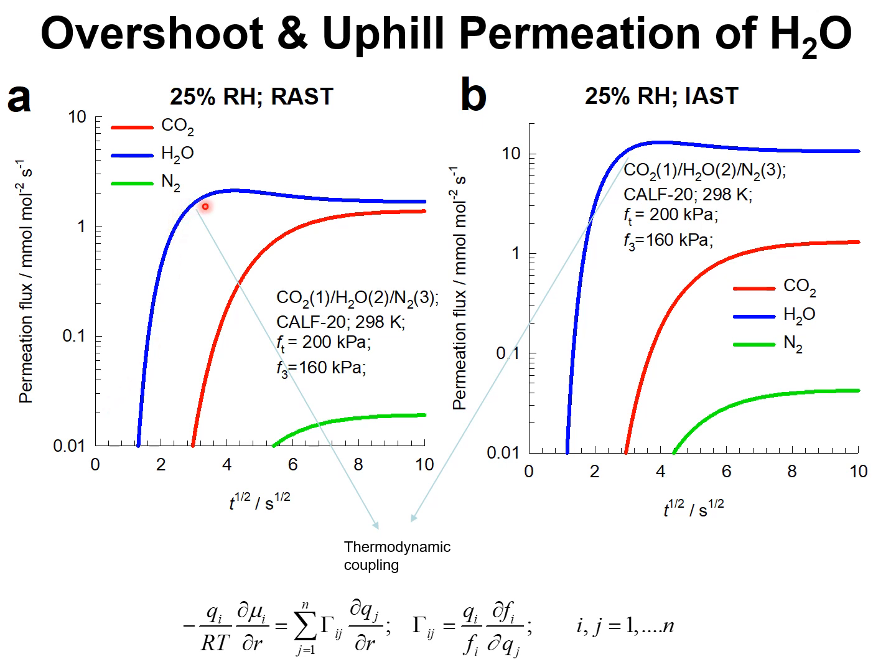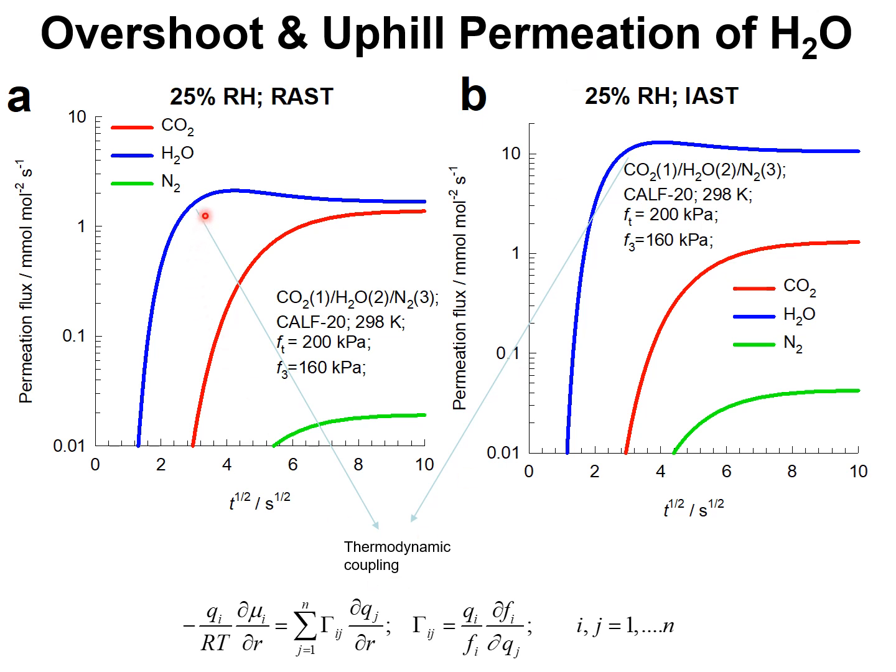A further point to note is that on the approach to steady state, the water permeation flux exhibits an overshoot, and this overshoot is a manifestation of the phenomenon of uphill permeation.